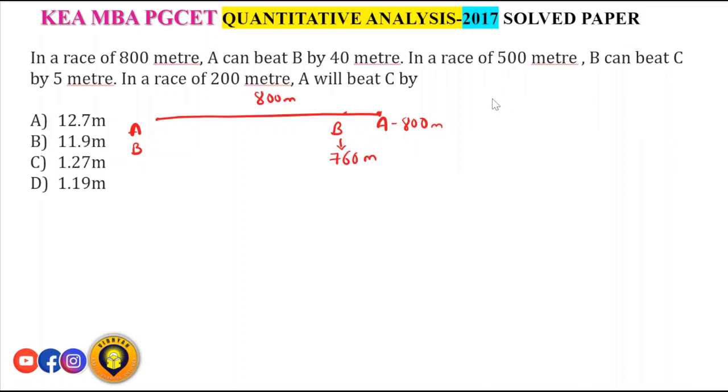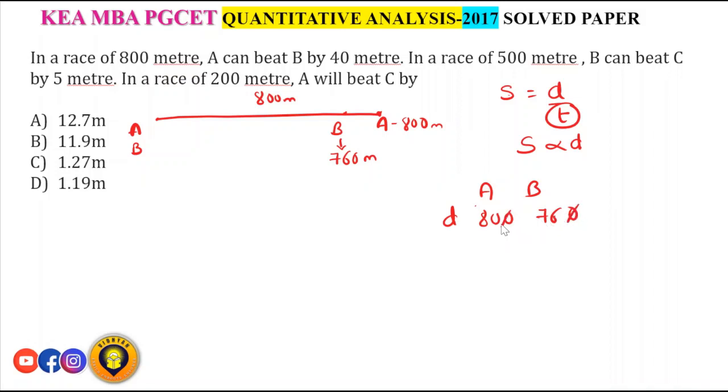Since time is constant, and speed is equal to distance over time, when time is constant, speed and distance are directly proportional. Distance covered by A and B: A covered 800 meters, B covered 760 meters.